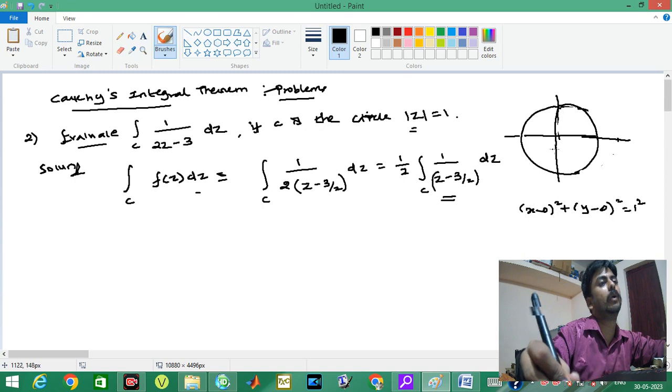So the center is (0, 0) and the radius is 1.